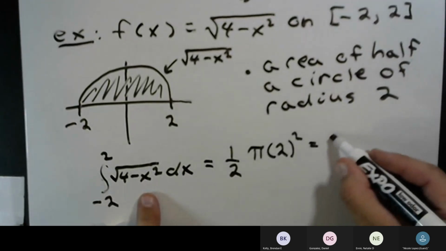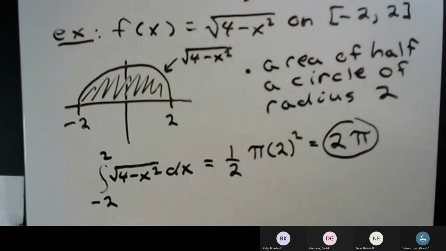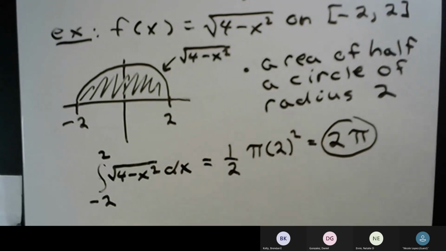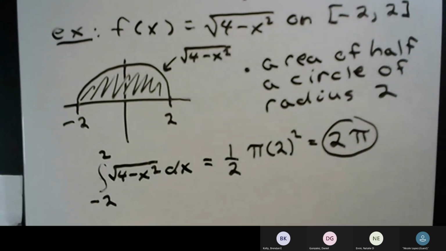This comes out to 2 pi. So what we can't do with calculus just yet, we can at least accomplish the same thing with geometry. So questions so far.